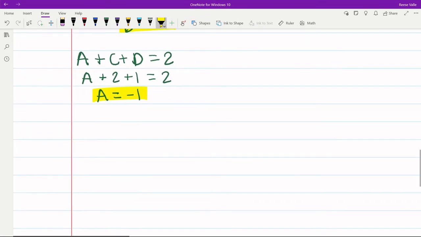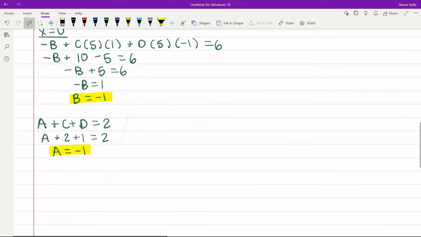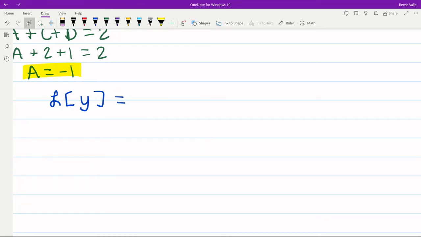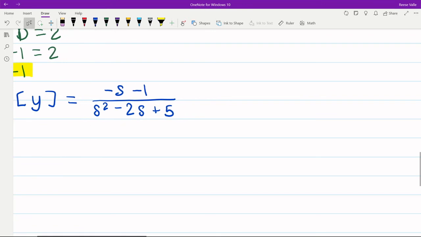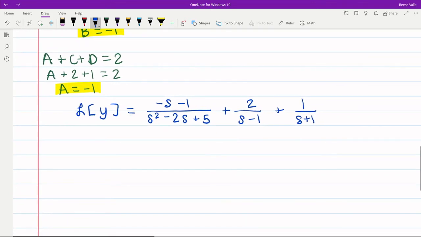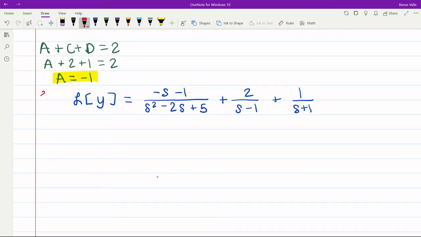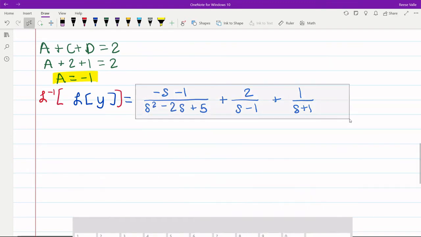Cool. So now we can go back and rewrite this Laplace transformation: s squared minus 2s plus 5 over... -s minus 1 plus s minus 1 all over s squared minus 2s plus 5, plus 2 over s minus 1, plus 1 over s plus 1. Cool. And so from here, you're going to want to do the Laplace inverse of both sides.